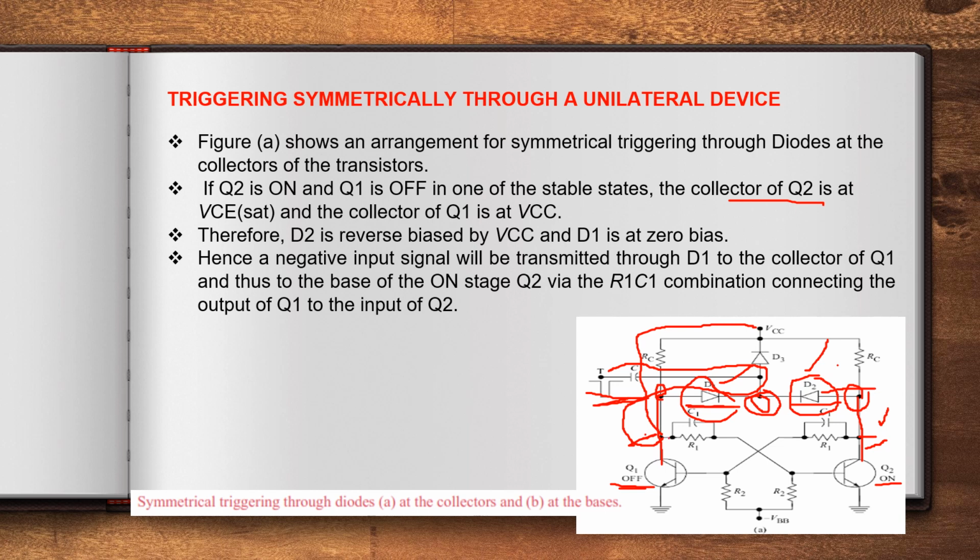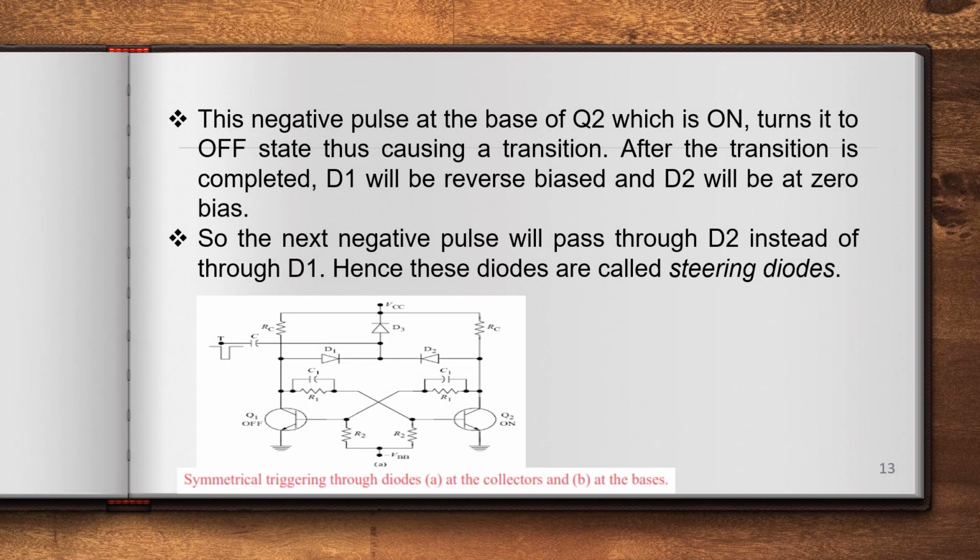From this point it will be transmitted through the combination of R1C1, which connects the output of Q1 to the base of transistor Q2. This negative pulse is transmitted to the base of transistor Q2, which brings the on transistor into off state. Thus it causes the transition in the bistable multivibrator.